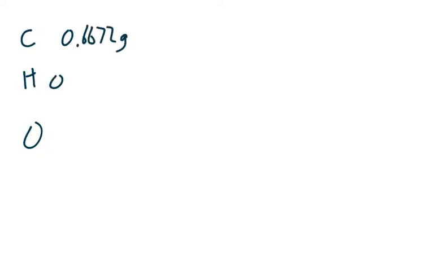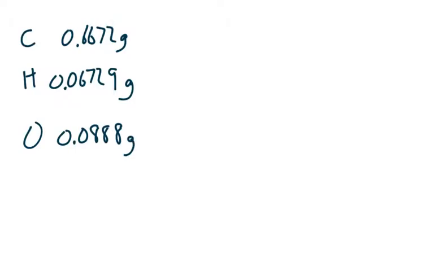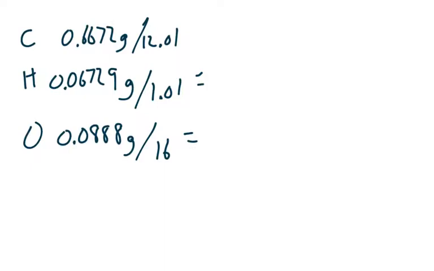Our H was 0.06729 grams. And then we just found our oxygen to be 0.0888 grams. Again, the first thing you're going to do is divide by their atomic masses. So we'll divide here by 12.01, 1.01, and 16. And the purpose is to convert everything to moles.